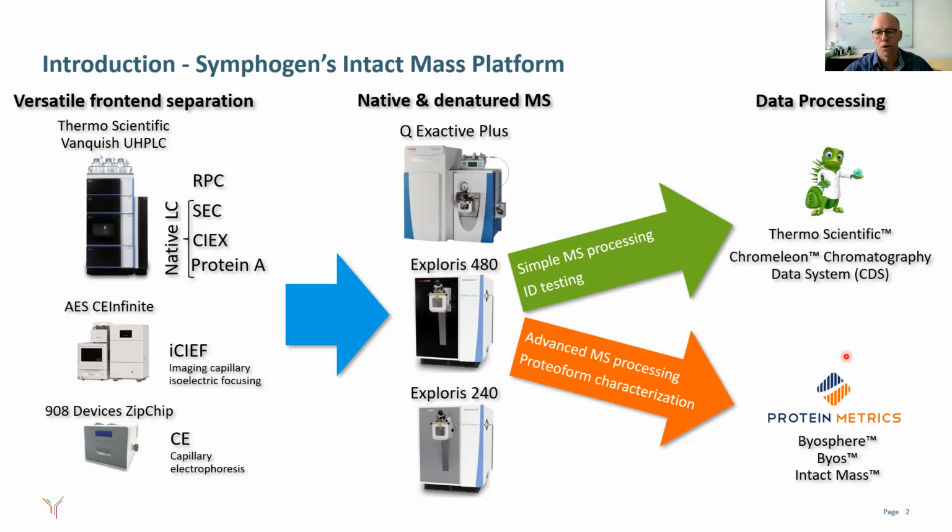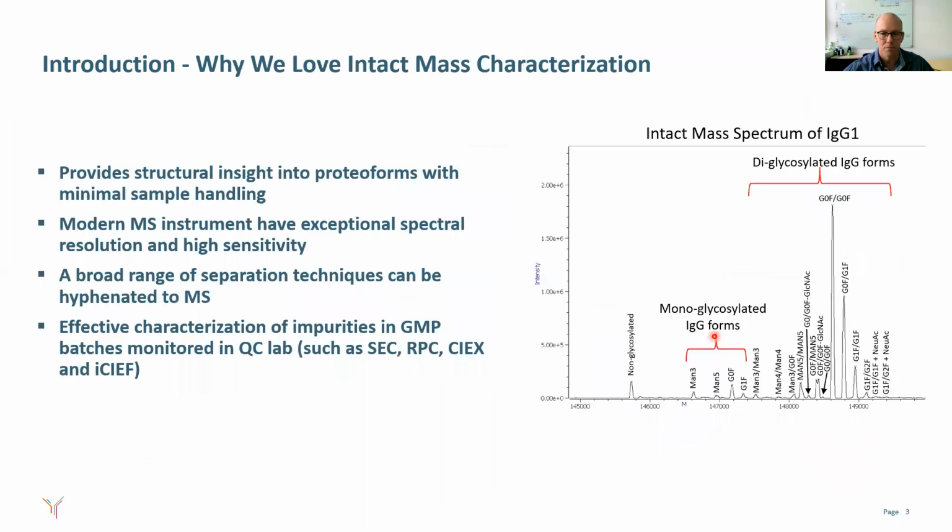But if we need to do more advanced data processing, we would use protein metric software. And by more advanced, I mean when we look at the degradation products or generally proteoforms of our product. So a lot of separation techniques hyphenated to MS and processing using different software platforms.